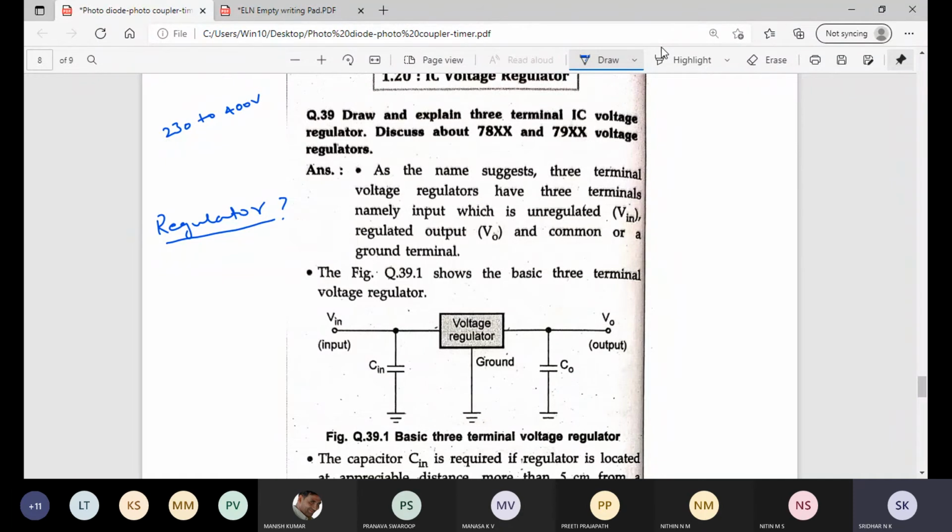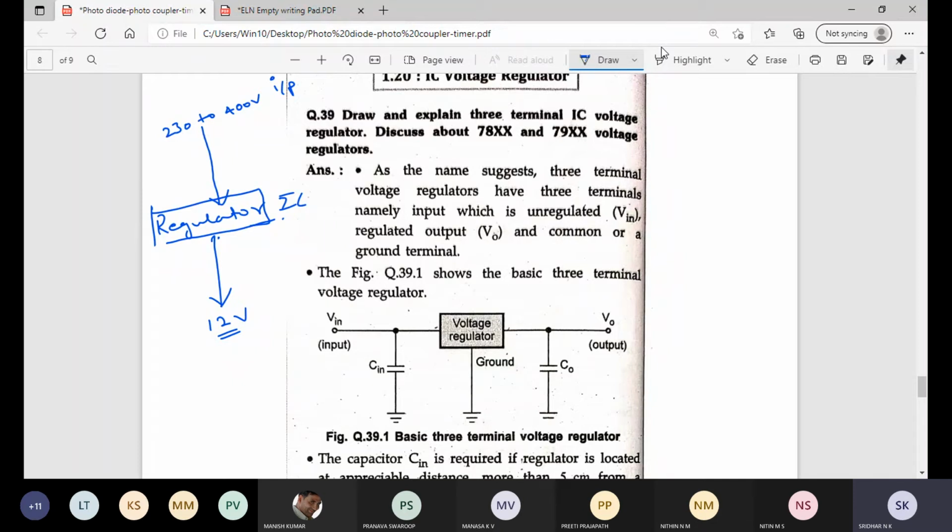This input is given to an IC, and out of this you get one fixed output, that is 12 volts. So the output of the regulator is 12 volts. The device that you are using is nothing but a regulator.